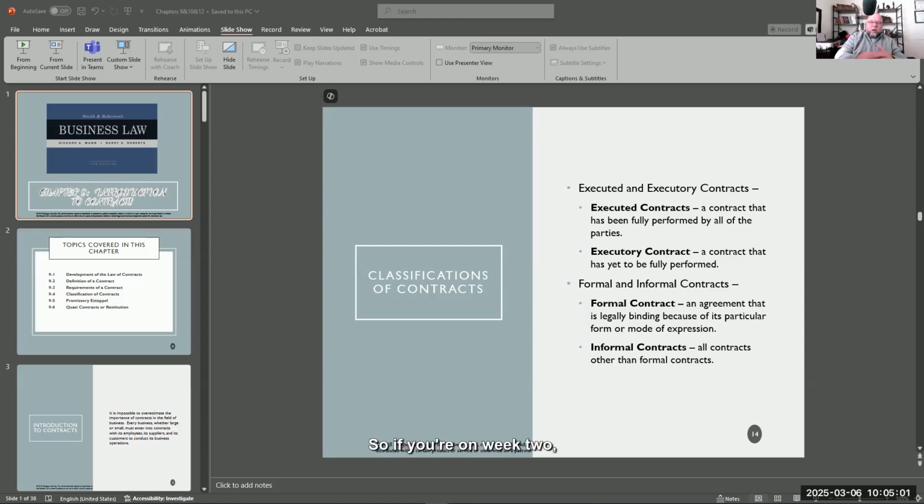So if you're on week 2, you've given 10 items with 5 left, that's still a contract in process. So that is a contract not yet fully performed and is considered executory. Contracts can be formal or informal. Formal contracts are an agreement that's legally binding because of a particular form or mode of expression. An informal contract is any contract that's not a formal contract. Makes sense, right?